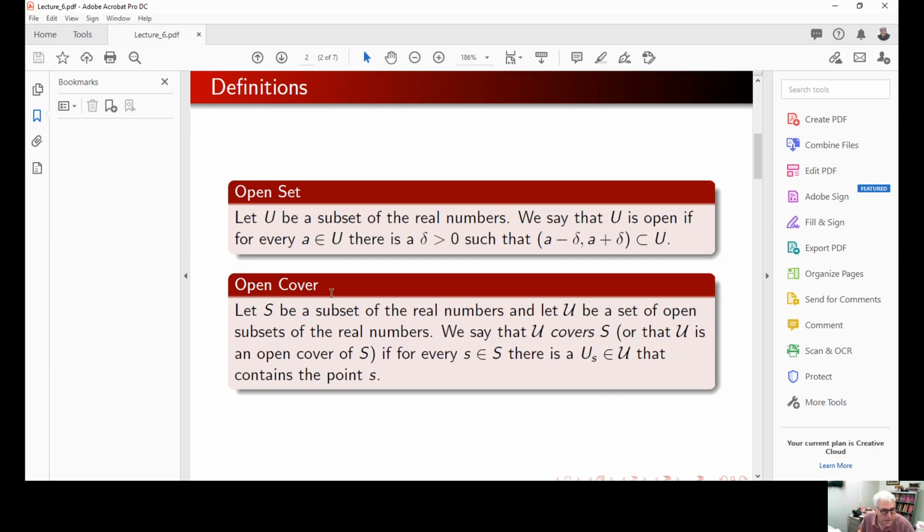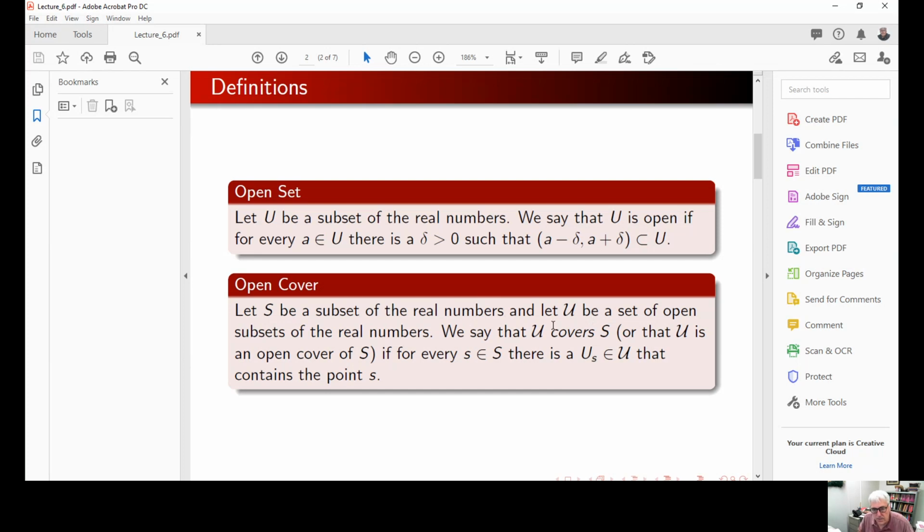Okay. An open cover. What do I mean by that? Here I'm shifting. Let S be a subset of real numbers. So S is going to be something that lives on the number line. Let script U, and note I'm using a different font here. This is because script U is going to be a set, but it's not going to be a set of real numbers. It's going to be a set of open subsets of the real numbers.